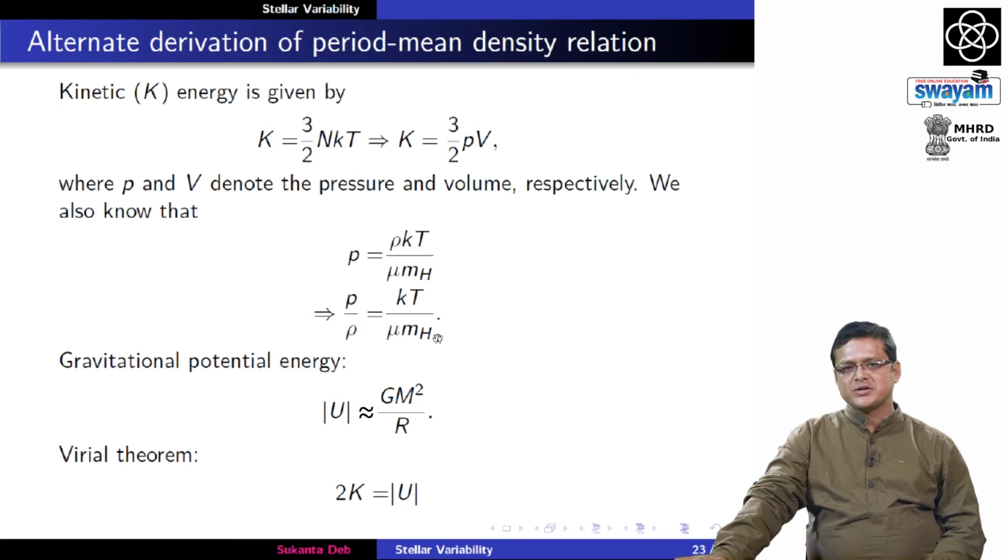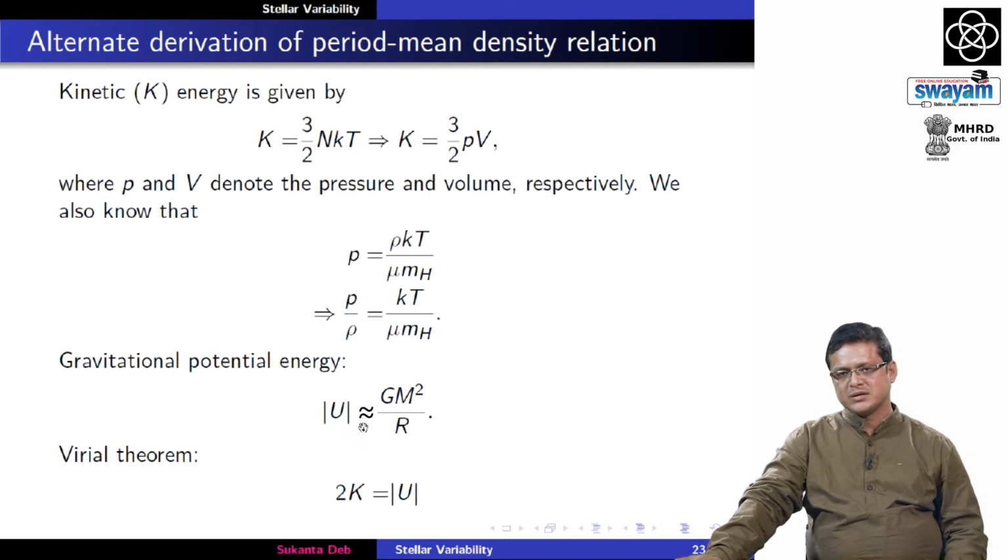Now, the gravitational potential energy of a star can be written as G m square by r. Now, applying the virial theorem, which says that 2 times the kinetic energy is equal to the potential energy.